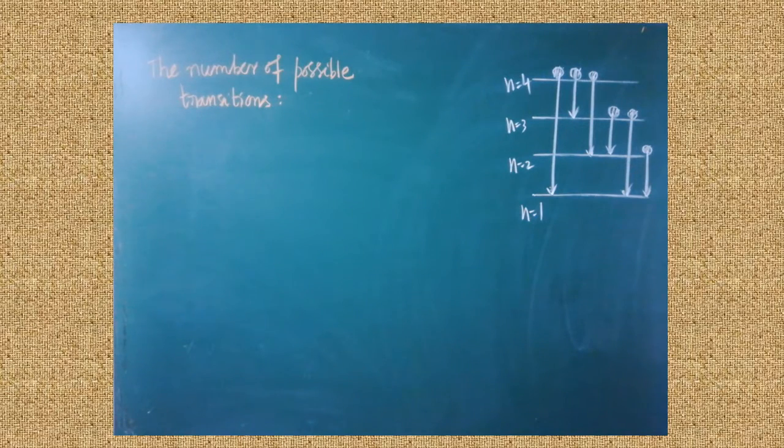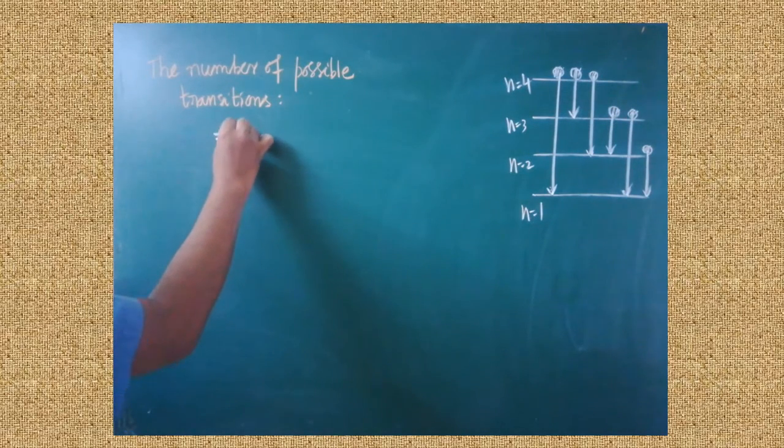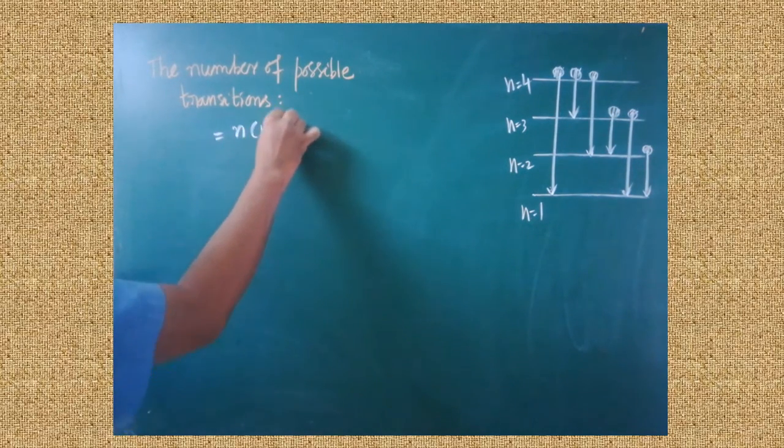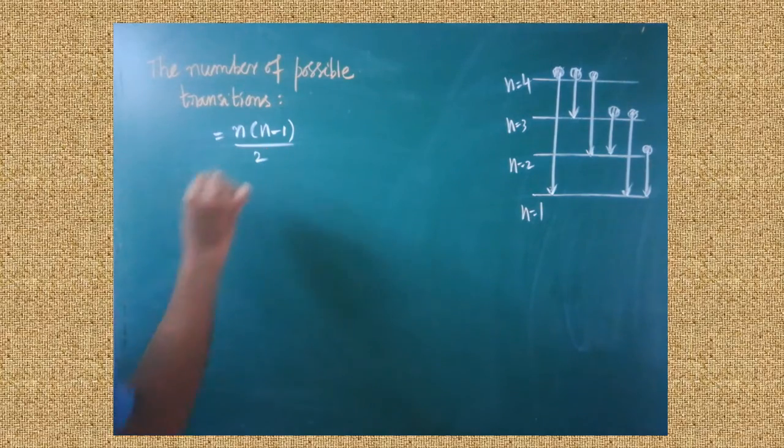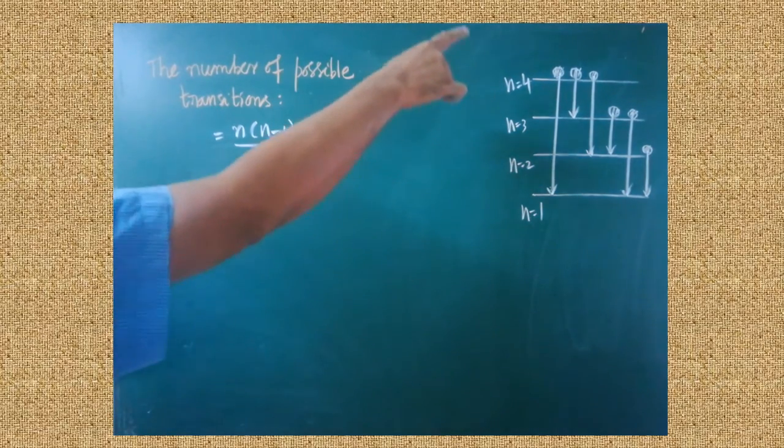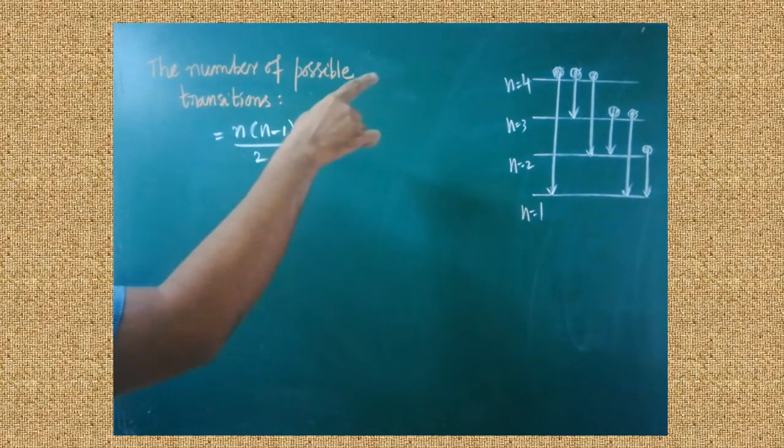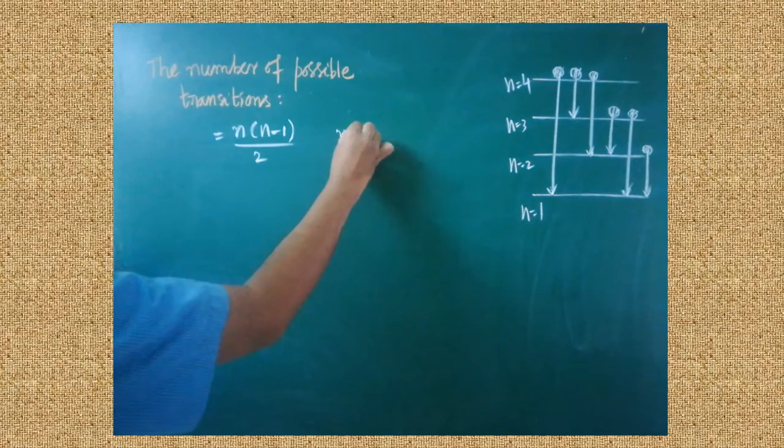But this must be proved with the help of the formula. So here the formula is n into n minus 1 whole divided by 2. So what is the value of n? At which state is that electron? That is the principal quantum number 4. So n value is taken as 4.